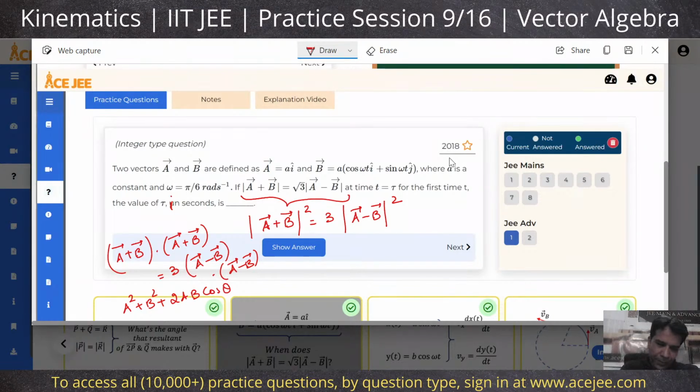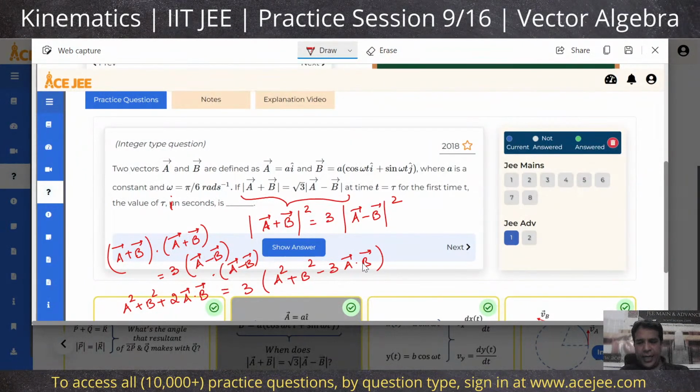Okay, okay. So here, sir, modulus, so then 1 becomes a square cos omega t plus a square sine omega t, right. So let's carry on with this approach. So we'll take 3a squared plus b squared minus 3a dot b.